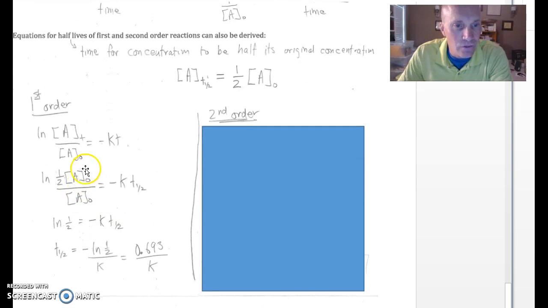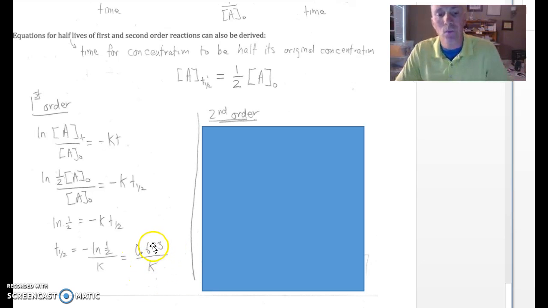At that point, you'll see that our initial concentrations cancel out, so you're just left with ln of 1/2 equals negative k times the half-life, and we can then rearrange. Taking the natural log of 1/2 is taking the natural log of an actual number, and we can calculate what that number is, and this is what you get.